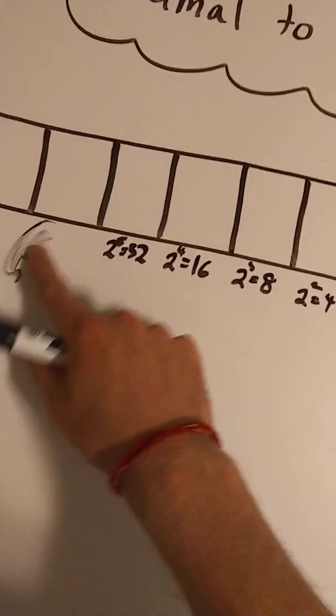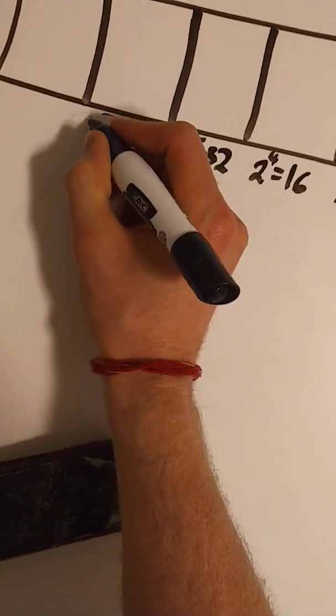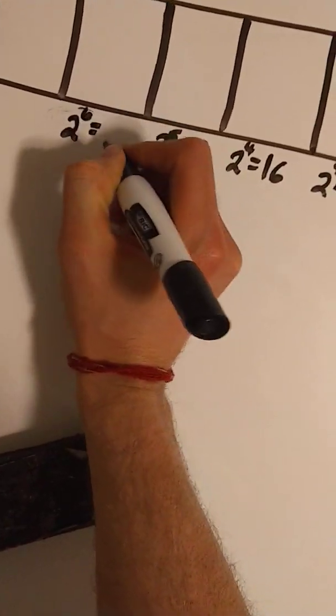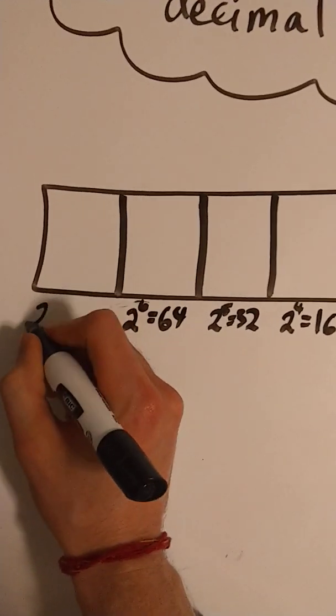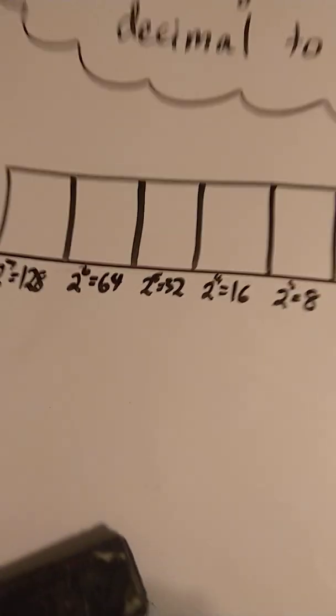Apparently I can't count. Try that again. So we have 2 to the 6, which equals 64. And finally we have 2 to the 7, which equals 128.